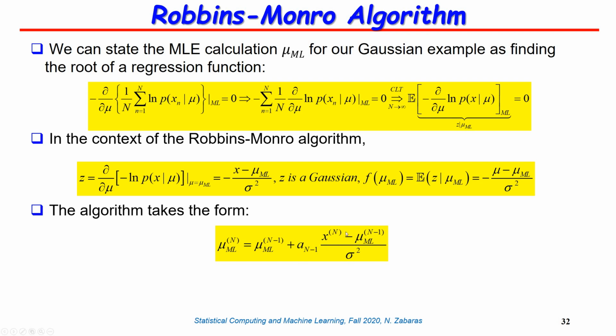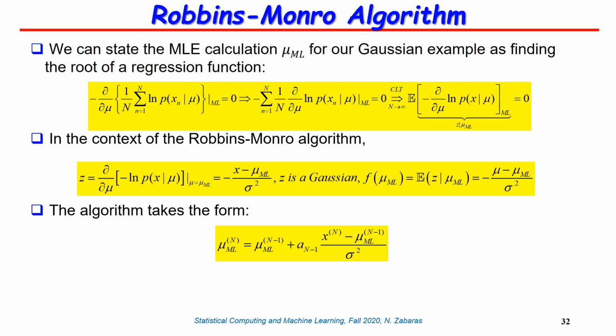And you remember in the Robbins-Monro formula, there is minus a_(n-1) times z, computed at the n minus 1 estimate of the parameters. So minus and minus here cancel, and I get this error signal, if you like. And that's my update for the MLE estimate for mu using Robbins-Monro.